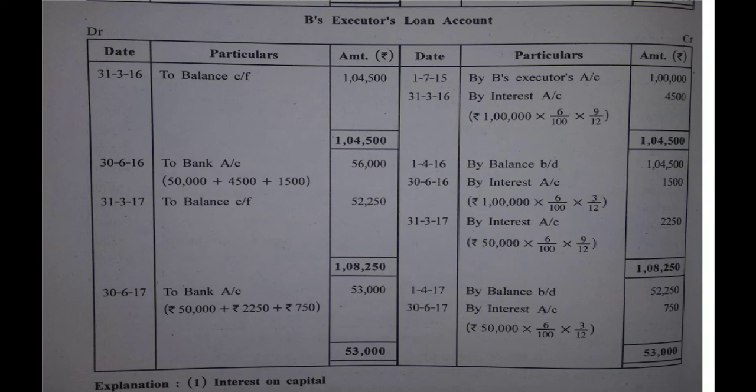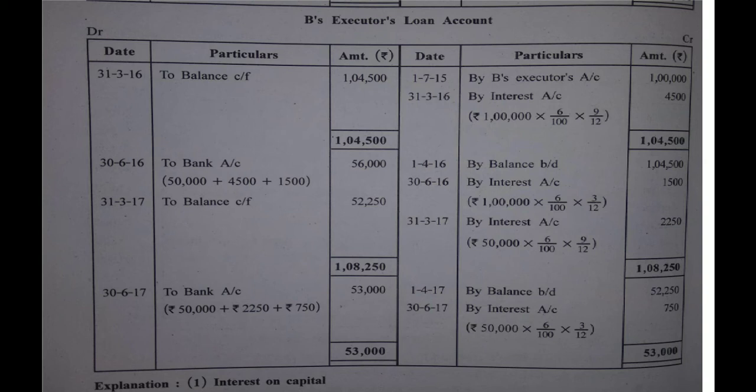Yes, the payable interest. Now how much amount do you have? 50,000 you have already paid out of 1 lakh. Now you are having only 50,000 with you. So interest of 9 months on this 50,000 rupees with the rate of 6%.